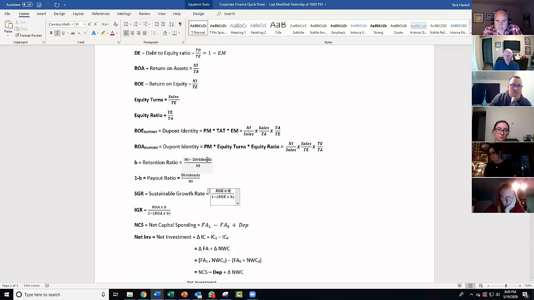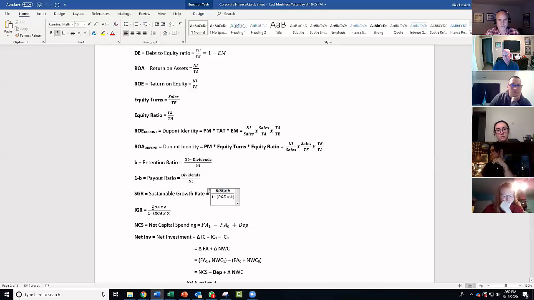So retained earnings, or that which the company retains and reinvests in itself, as a function of net income, gives us a ratio: the percentage of our net income that we're retaining for reinvestment times the return we get on our equity is really what the sustainable growth rate is all about. And it's telling us what rate of growth the company can sustain without bringing on new investment capital.